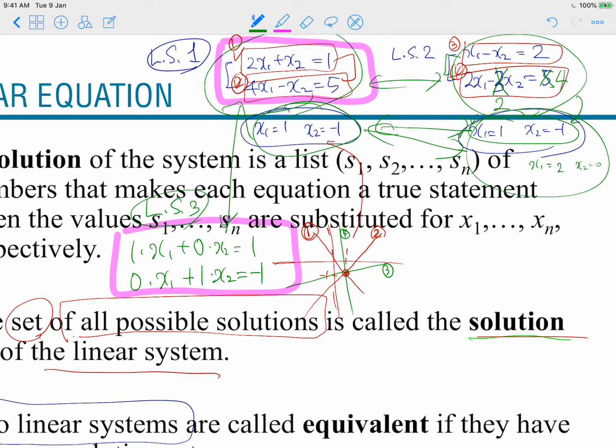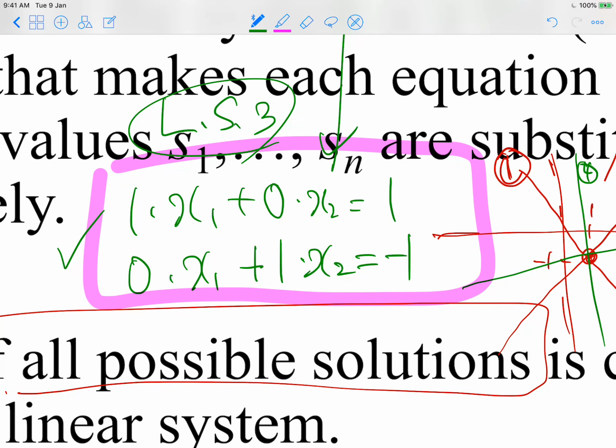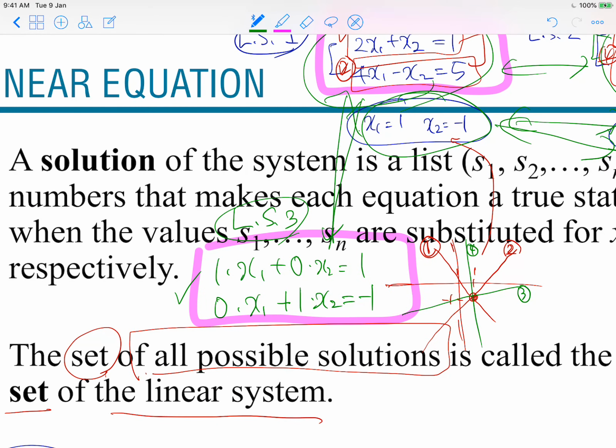Yes. This third one is really trivial, because it just gives us the solution directly, but it can still be viewed as one particular example of a linear system, and it is equivalent to the initial one that we are given.